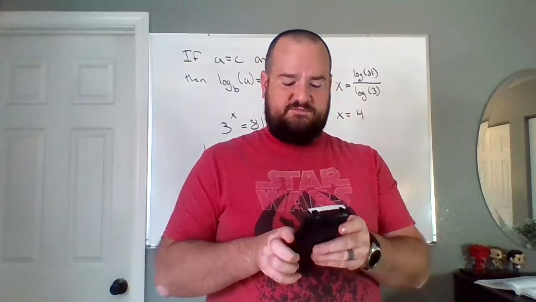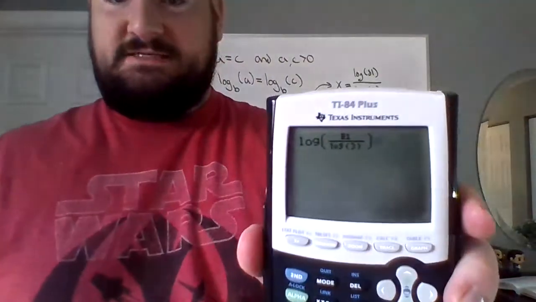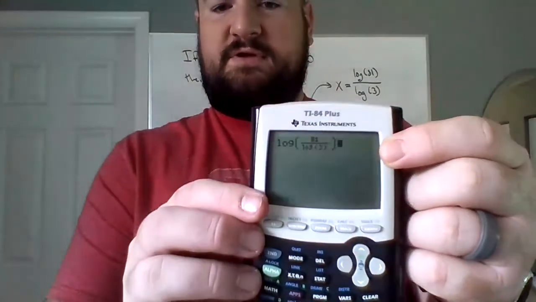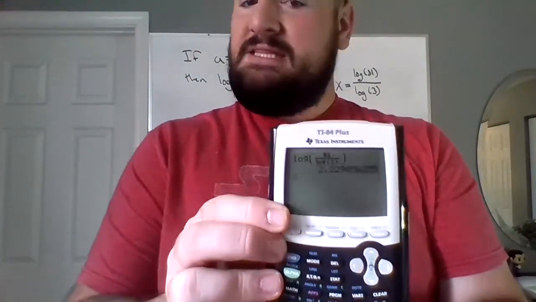I'm going to type this, I have a kind of nice calculator so I can do this. Because you didn't close that parenthesis on the first 81, after that first 81, it put the divide by log of 3 inside that first logarithm argument. That's how we get that answer.